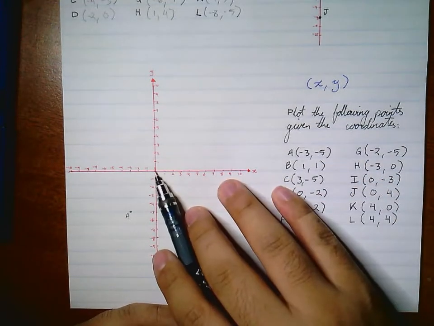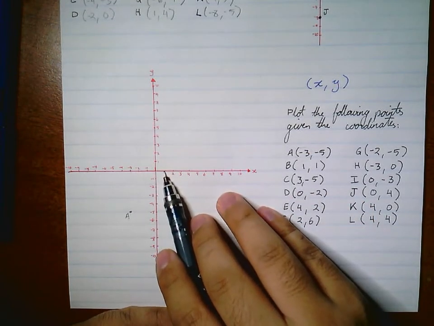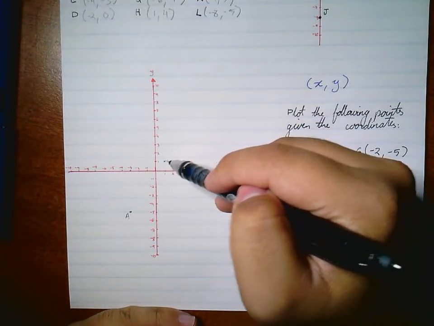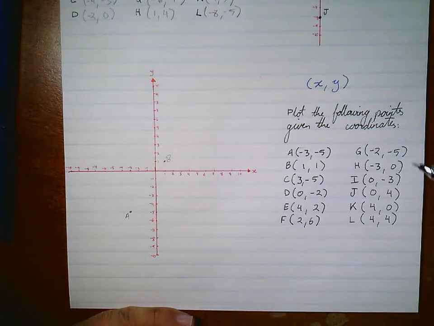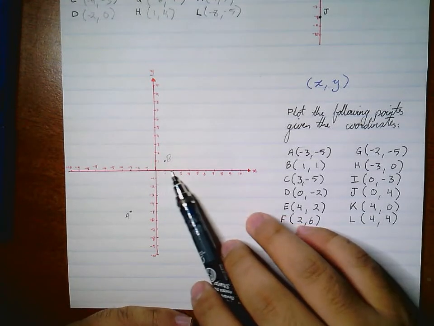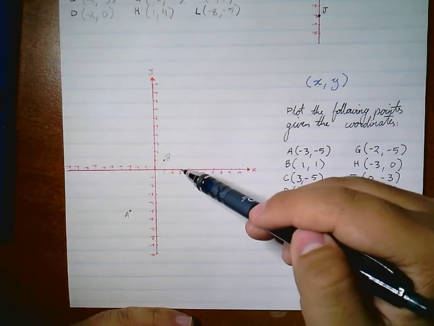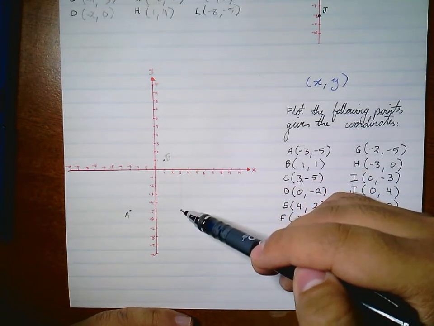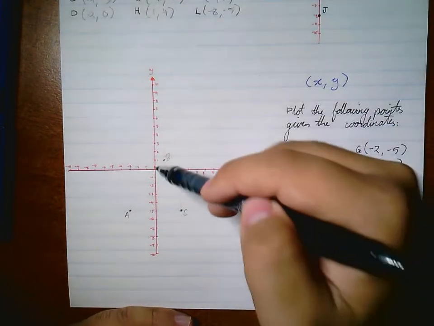Let's keep going. Point B. 1, 1, left and right first, and then up and down, so it's moved up. That is point B. We draw the dot first and then the letter beside it. C is 3, negative 5. Down here somewhere. Let me try to make it a little bit neater. That's a lot better. That's point C. D is 0, negative 2.